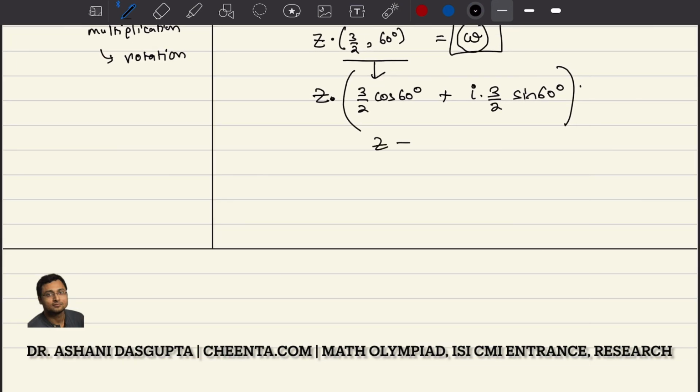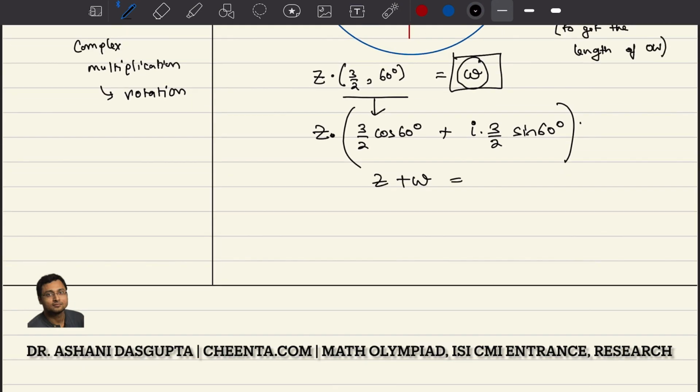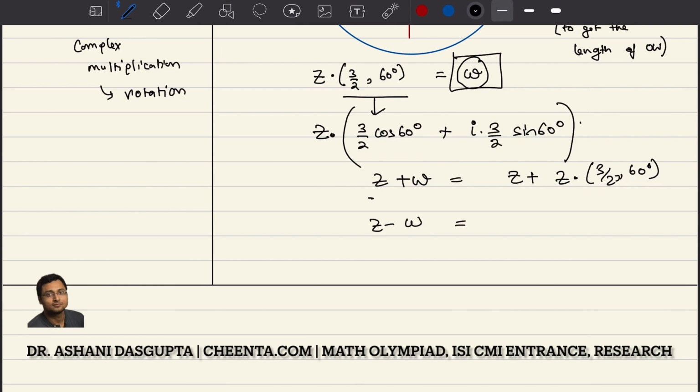z plus w is simply z plus z times (3 by 2, 60 degree), and z minus w is z minus z times (3 by 2, 60 degree). You want the absolute value of it.